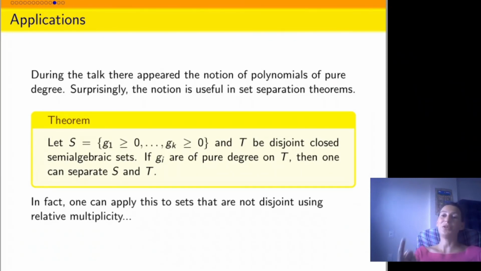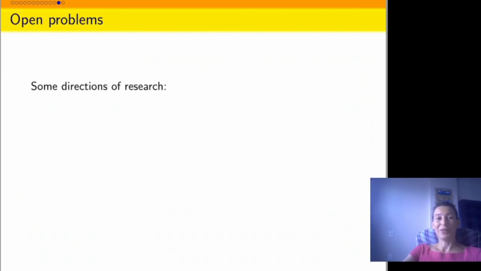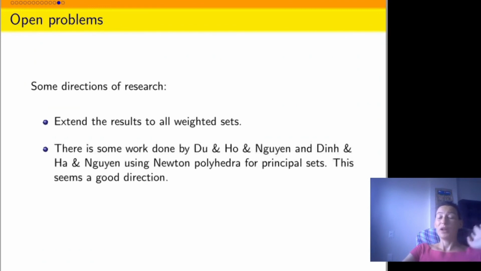This theorem can be used in such a setting, but then we need to use something called the relative multiplicity, and that would be for another talk.